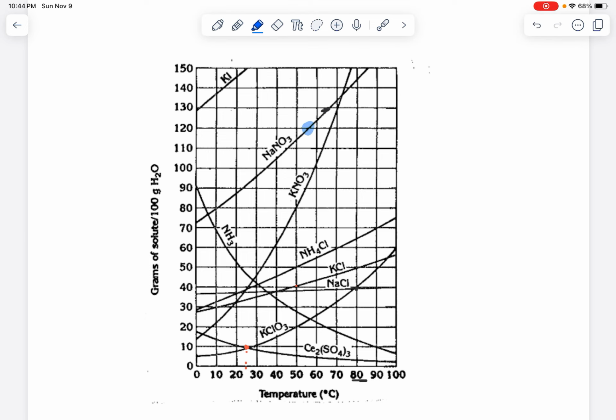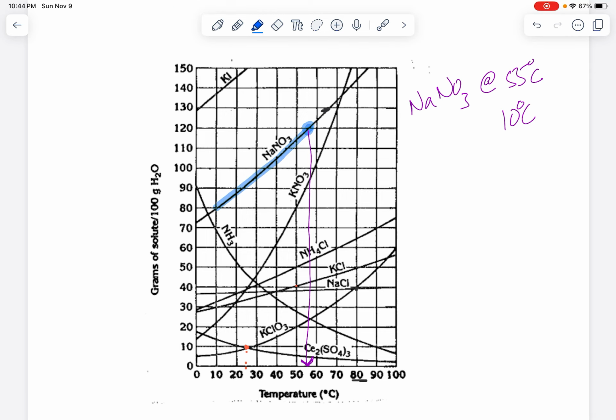And if we went down on the x-axis, let's say that was at 55 degrees. So if we had a saturated NaNO3 solution at 55 degrees, and then we cooled it down to around 10 degrees.